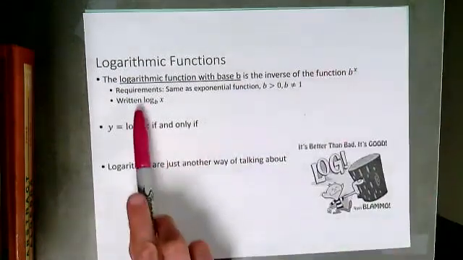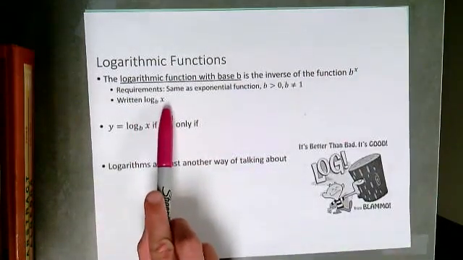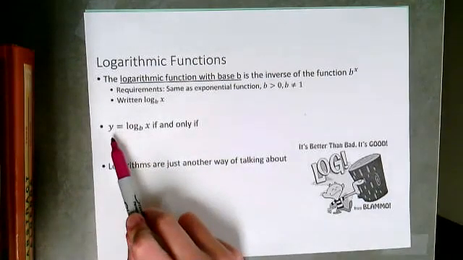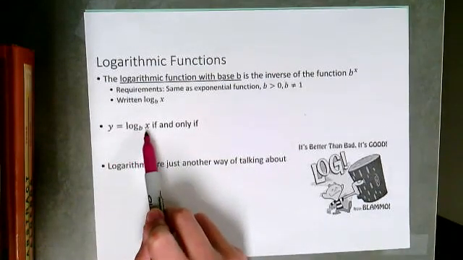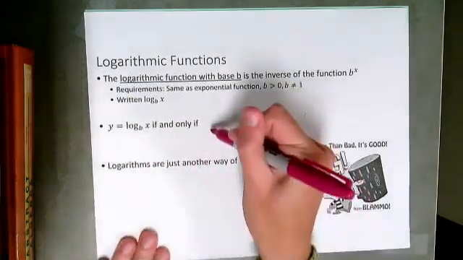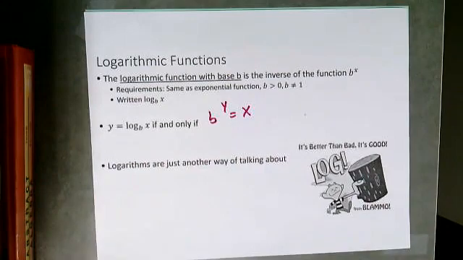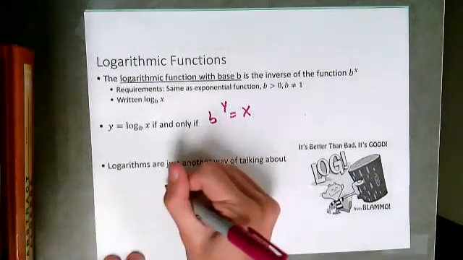And we write it log base b of x. Another way we write things is y is equal to log base b of x if and only if b to the y is equal to x. So logarithms are just another way of talking about exponents.